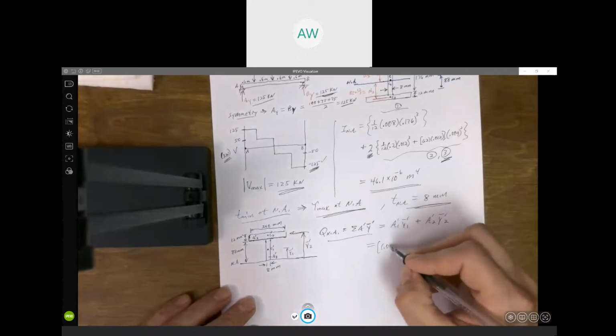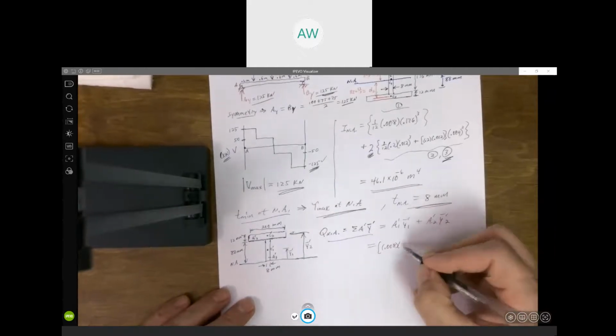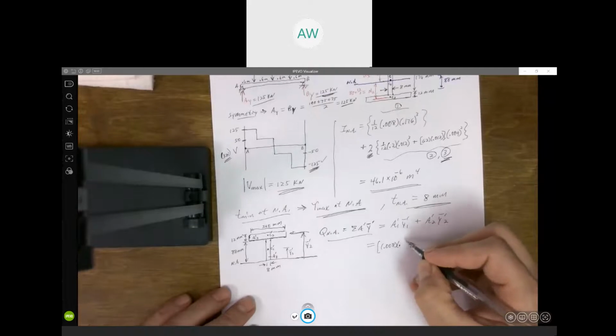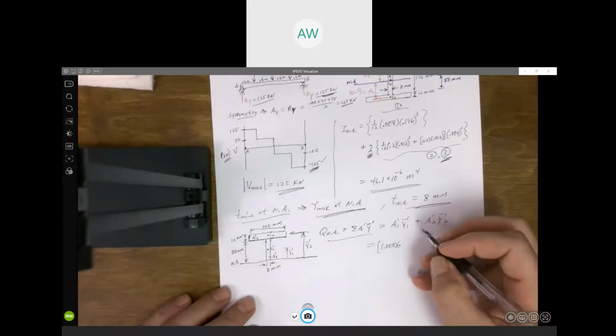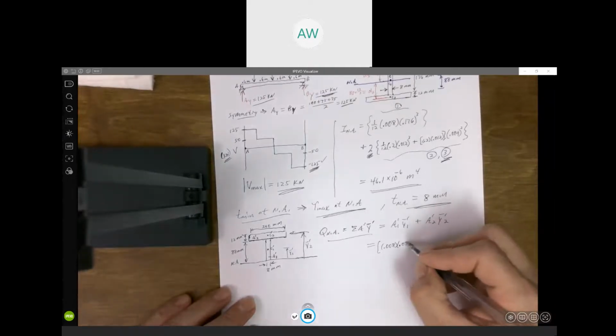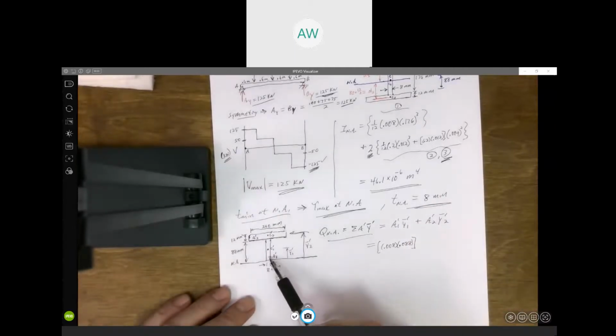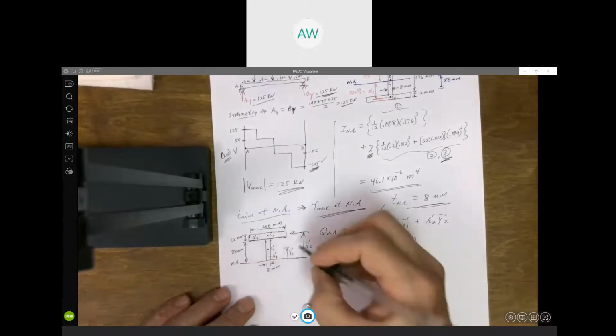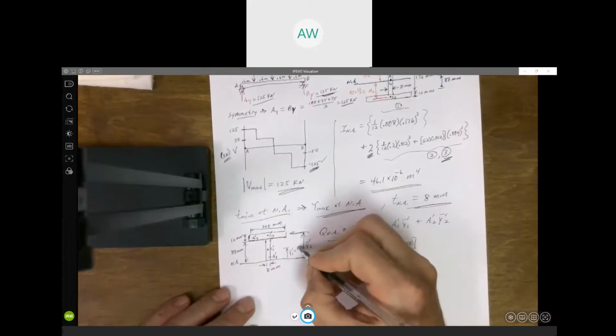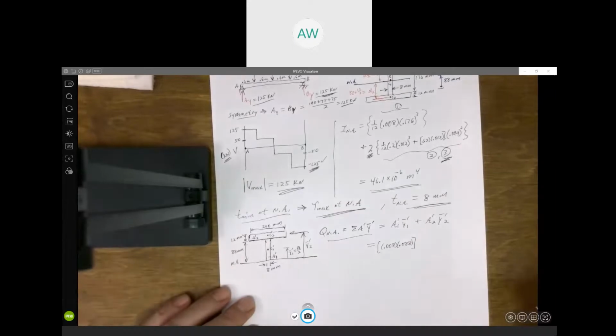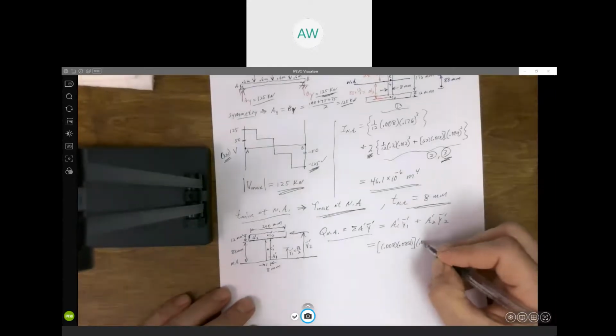So 0.008 times 0.088. That's the area, A prime 1. And this would be half of 88, right? This would be 88 divided by 2. It's a rectangle. Centroid's right in the middle. So that's 0.044.